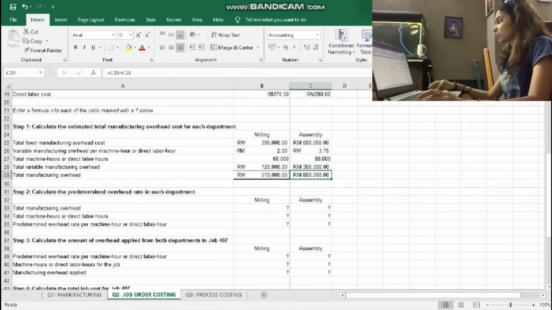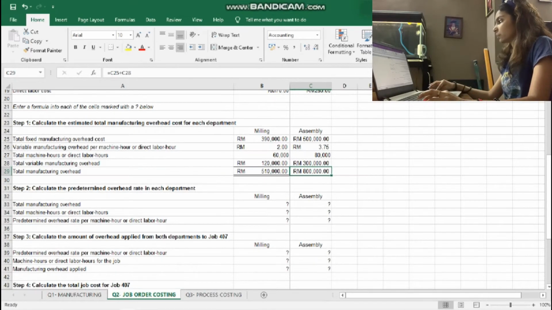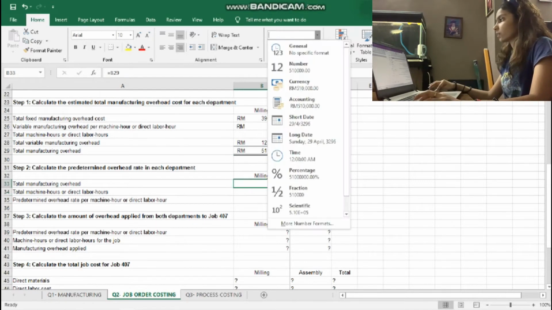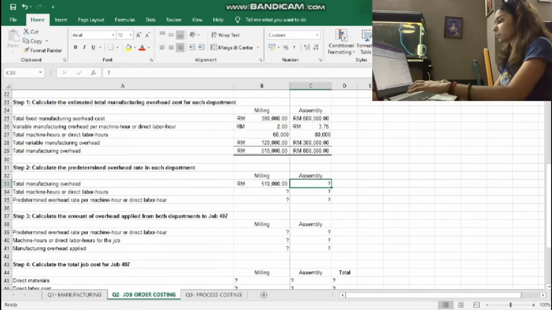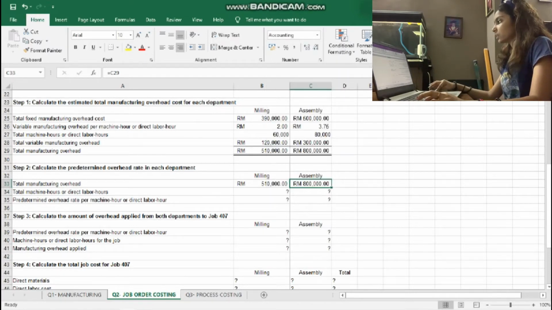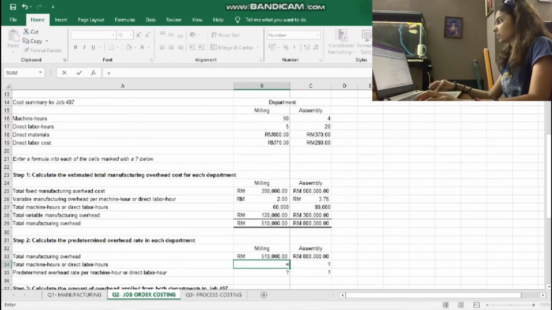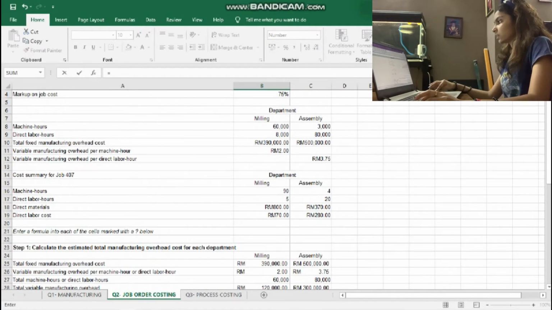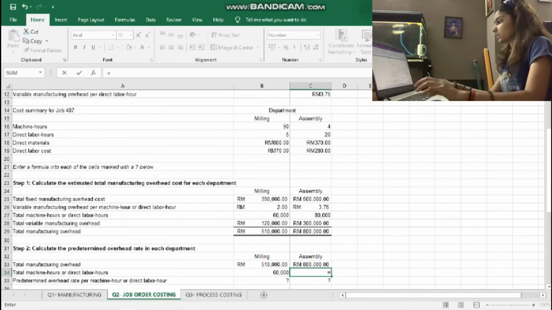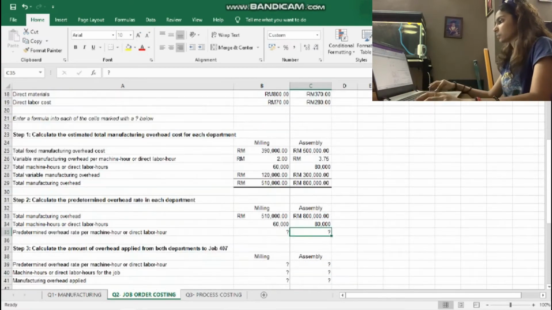Okay, step 2, calculate the predetermined overhead rate in each department. Total manufacturing overhead for milling is 510,000. For assembly is 800,000. And then total machine hours or direct labor hours, total machine hours is 60,000 and for assembly is 80,000.